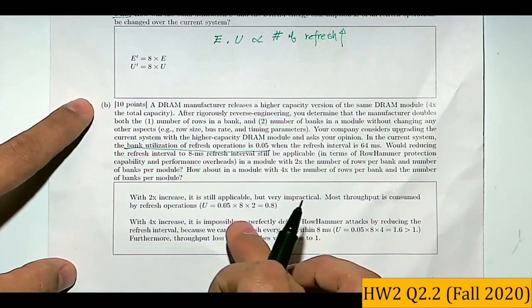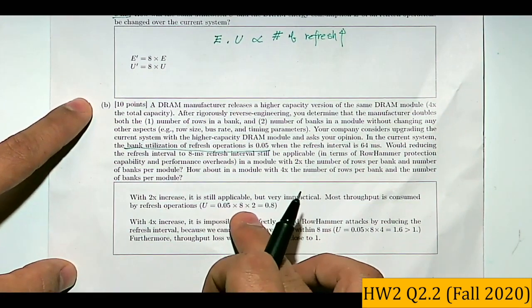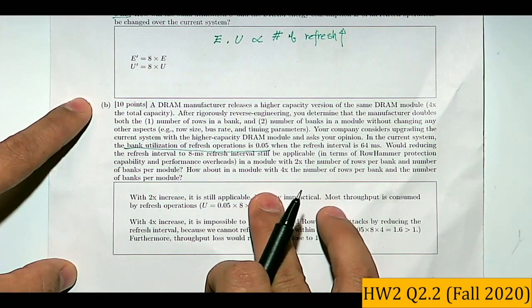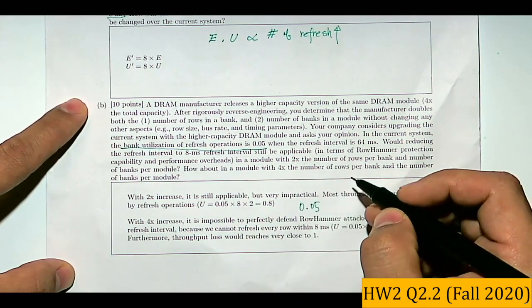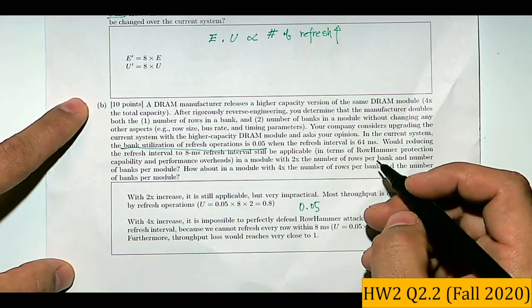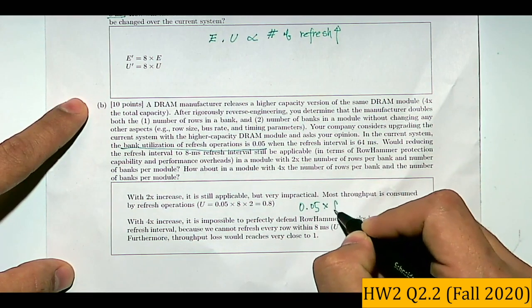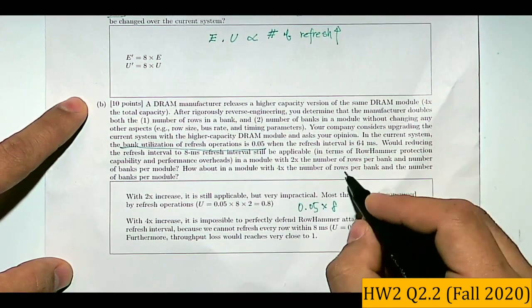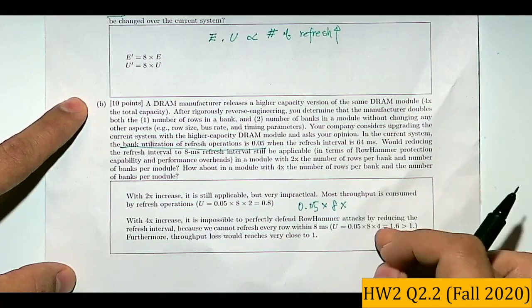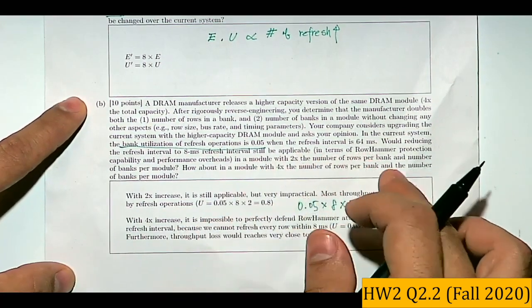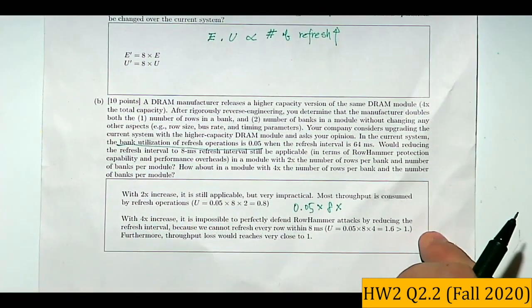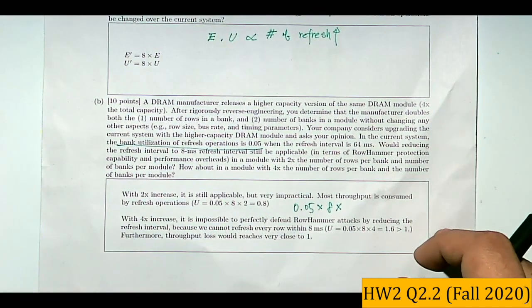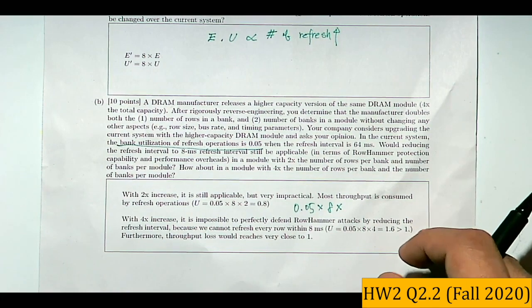In our calculation, when we decreased the refresh interval to 8 milliseconds, the bank utilization increased 8 times. And here is some fake information: the bank utilization does not depend on the increase of the number of banks in a module.